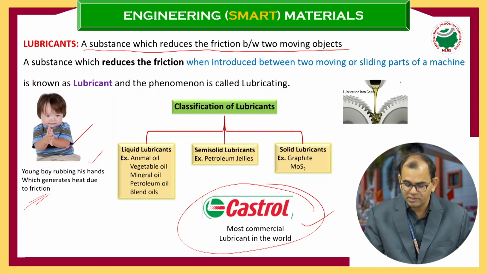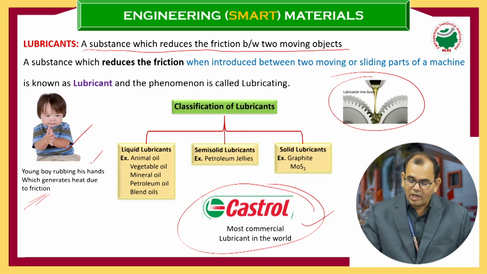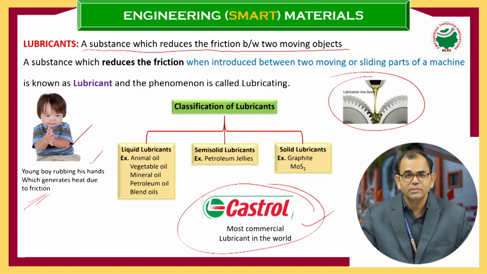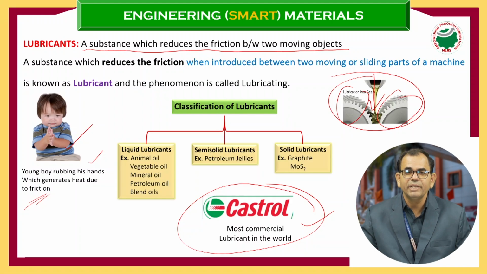Especially with gears, we can see there are two gears moving in close contact with each other, and due to that close contact there will be friction and they will be damaged easily. So to avoid the damage or breakage of the machinery or these gears, we apply the lubricant. What does the lubricant do?